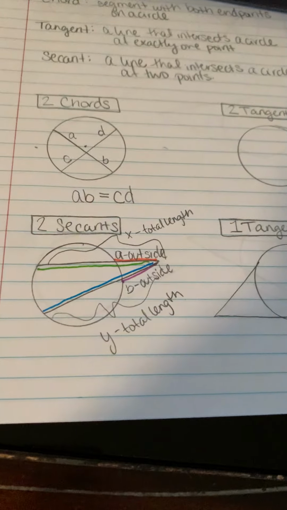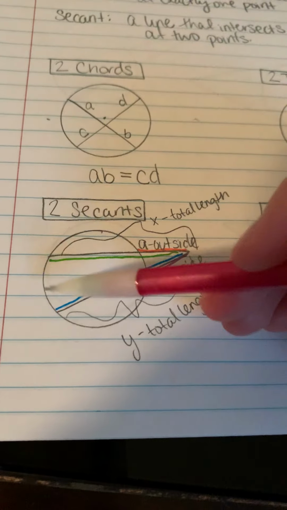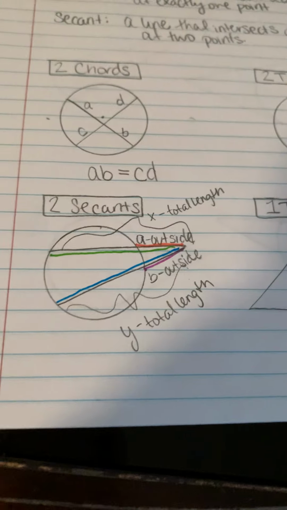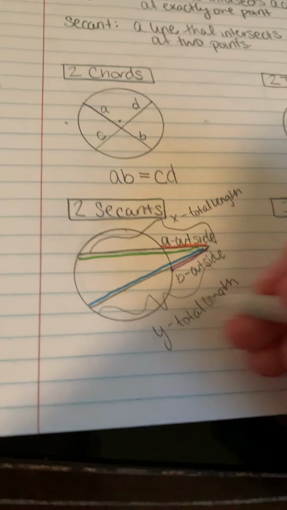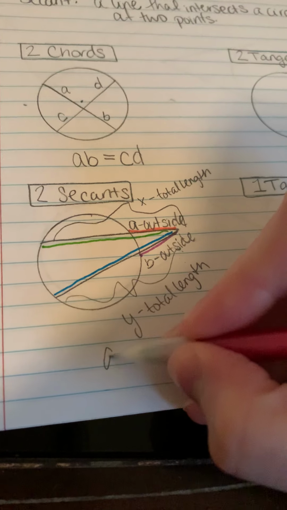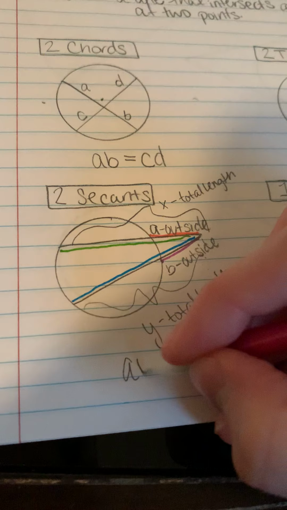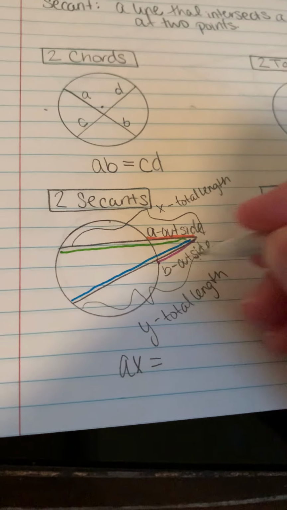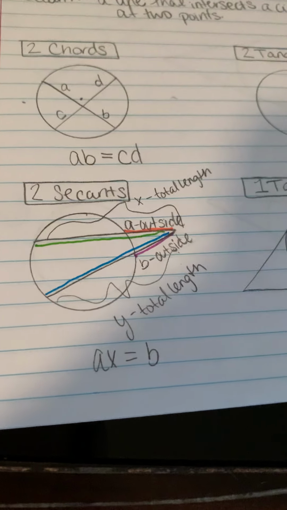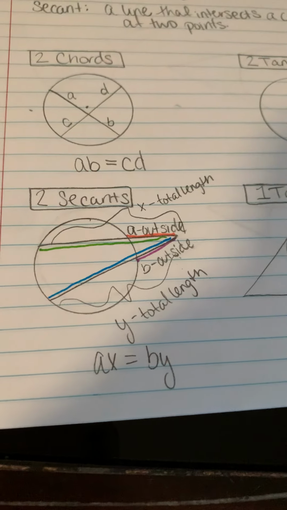Okay, so again, to refresh, we have outsides, a and b, and we have total length, x and y. And so in order to solve for a secant, you will multiply the outside of one secant to its entire length and set it equal to the outside of the other secant to its total length.